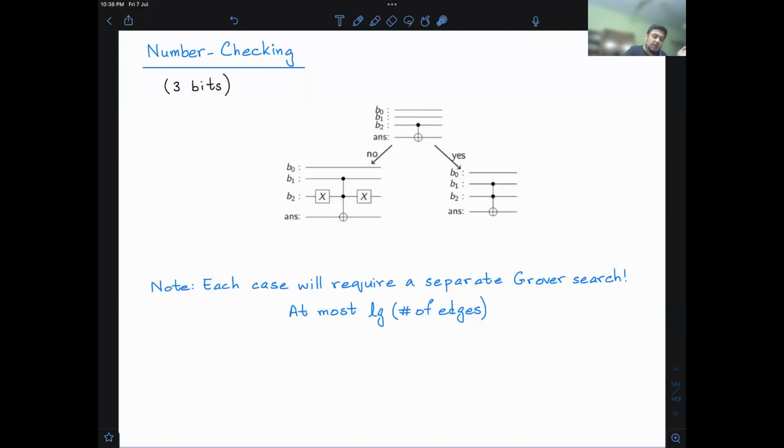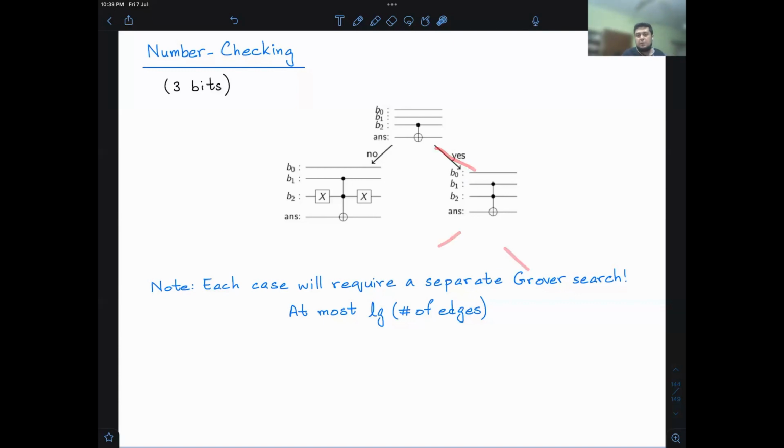And so the idea is for each of these steps, I will need to run a Grover's algorithm, right? So I run a Grover's algorithm here, I run a Grover's algorithm here, so on and so forth. This is a binary search, so the depth of this tree will be logarithmic in the number of edges.